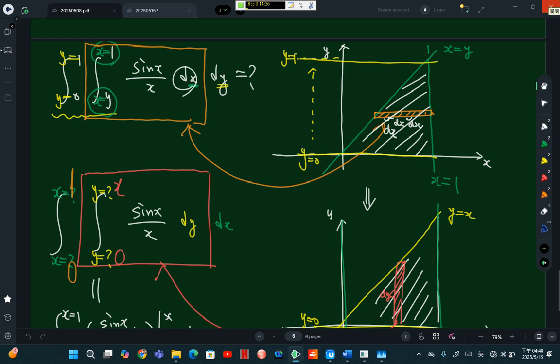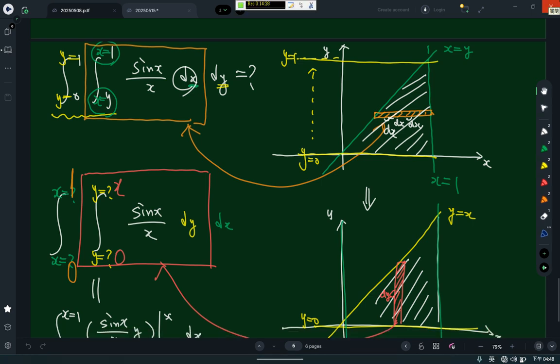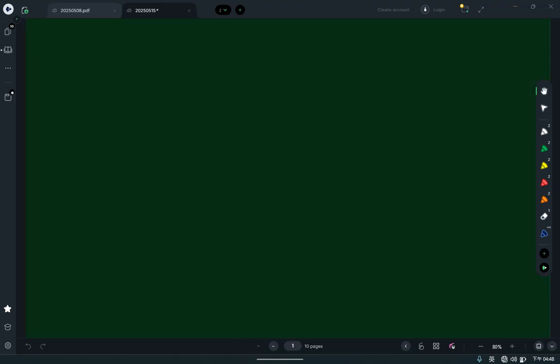So now let's just continue. So right now, I just want to list the algorithm to calculate double integral for your reference.